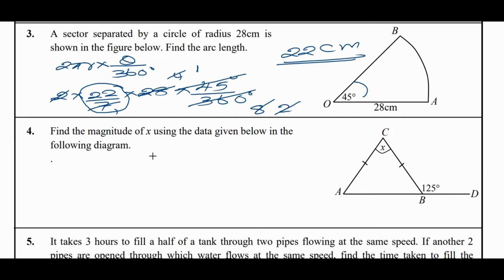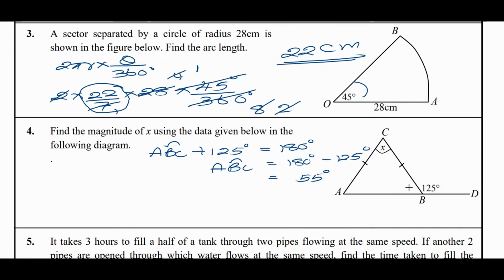Therefore, I can write angle ABC plus 125 equals 180. Therefore, angle ABC equals 180 minus 125, which is 55 degrees. So this one should be 55.